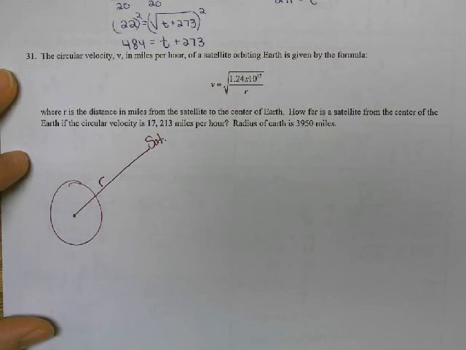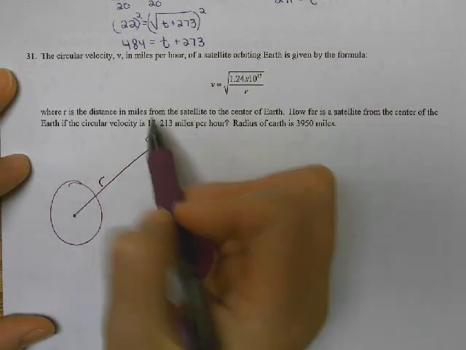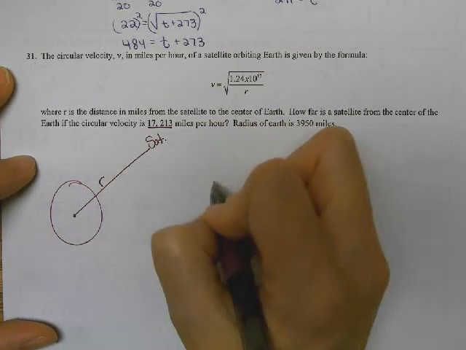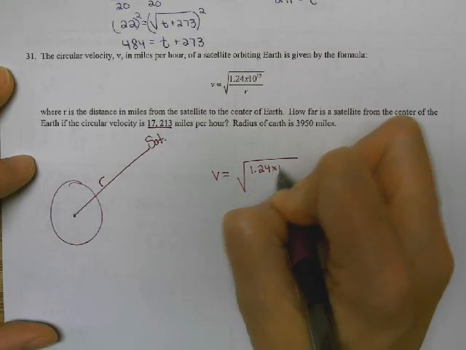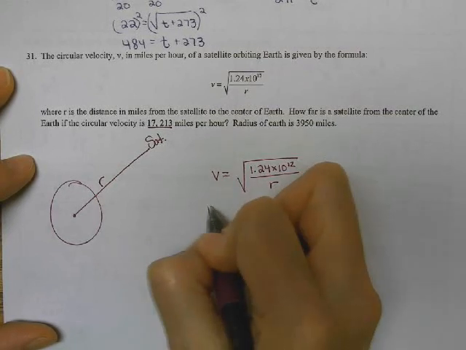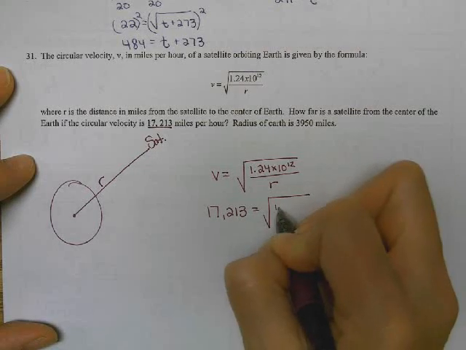We want to know how far the satellite is from the center of Earth if the velocity is 17,213, which means when I set up my equation, I'm going to plug in the 17,213 for v.